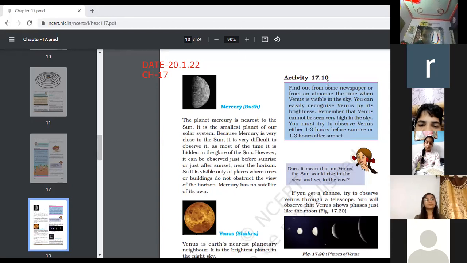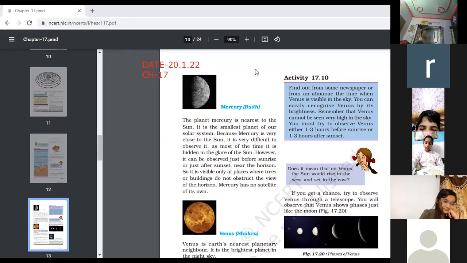Mercury. The planet Mercury is nearest to the sun. It is the smallest planet of our solar system. Because Mercury is very close to the sun, it is very difficult to observe it, and most of the time it is hidden in the glare of the sun. However, it can be observed just before sunrise or just after sunset, near the horizon.